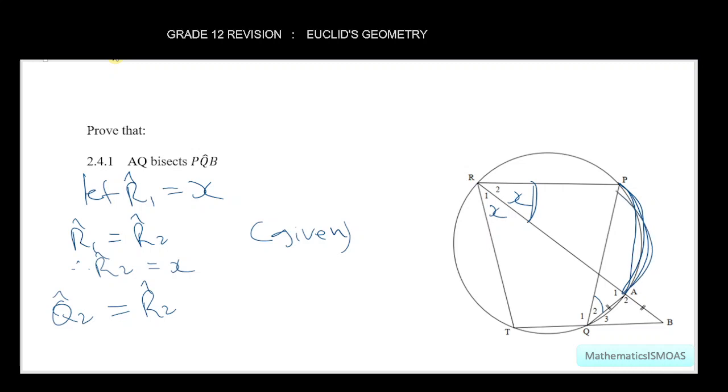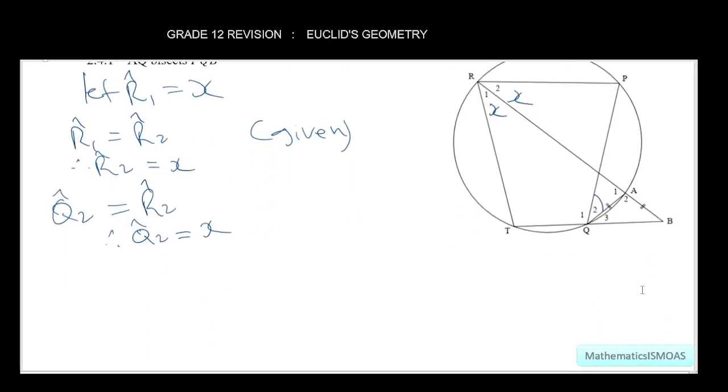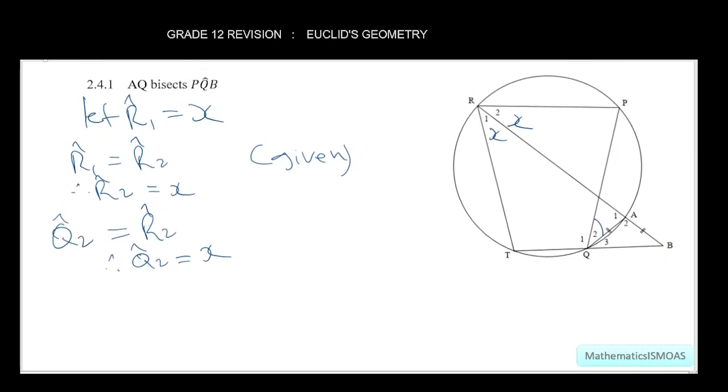Arc AP subtends R2 at the circumference of the circle and also subtends angle Q2 at the circumference. Therefore, angle Q2 will be equal to X. So now we need to prove that angle Q3 is also equal to X. Then we would have proved that Q2 is equal to Q3.